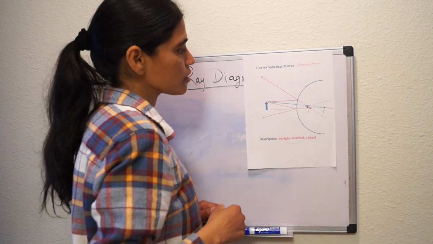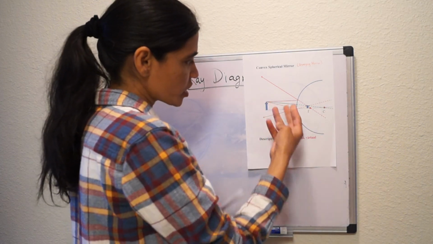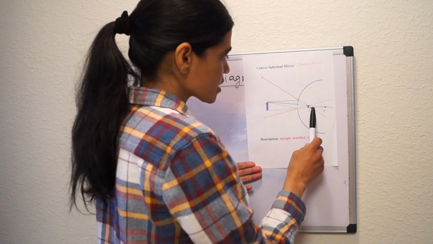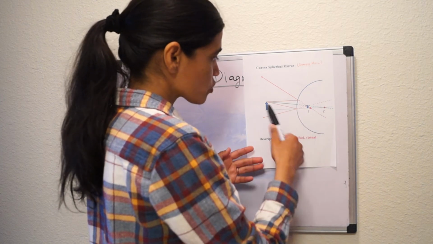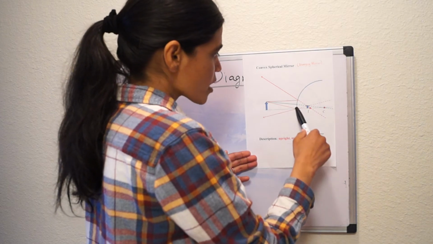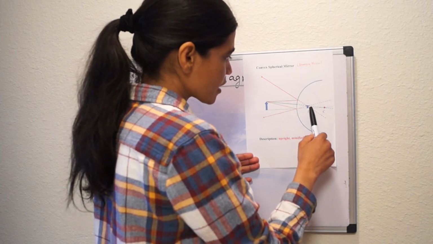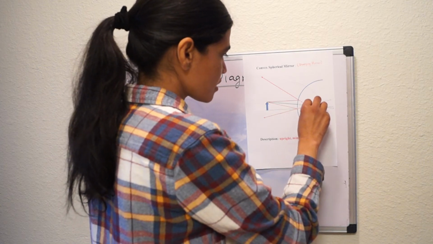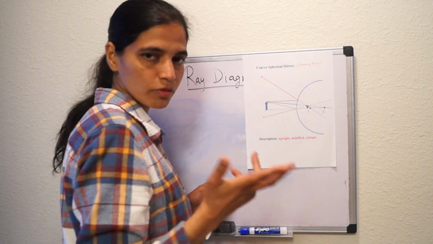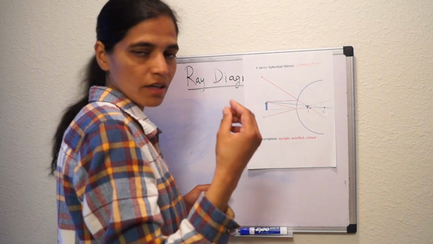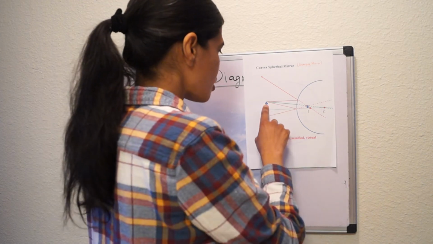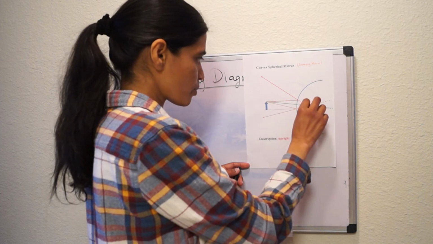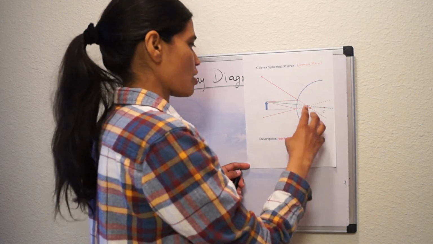So after looking at this, we have only 3 rays here. Basically we see that our image is formed here, in between the mirror and the focal point. It's tiny, which means it's diminished. It also has the same posture, so it's upright.